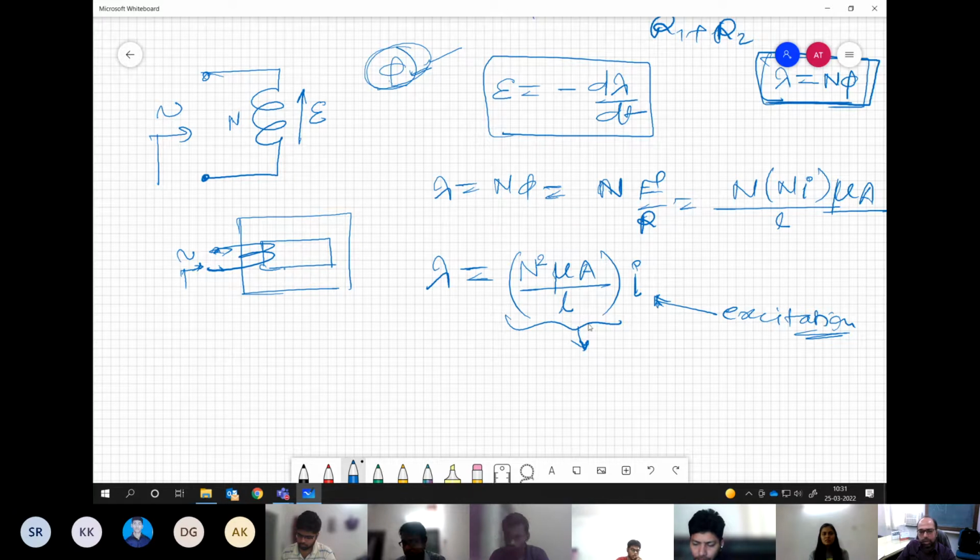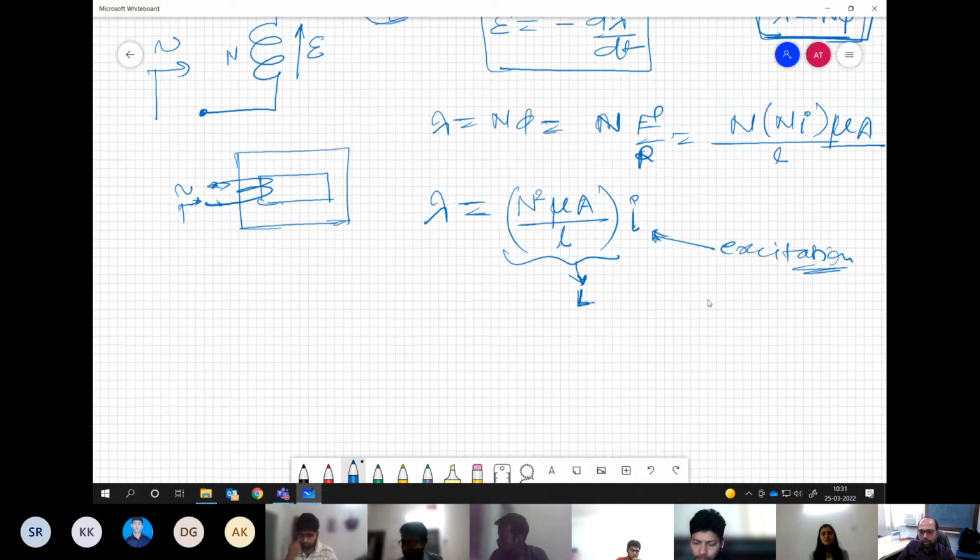This is all only related to how you have organized your magnetic circuit, nothing to do with what you are feeding into the system. This is what is basically defined as the inductance. Because we have just one coil, it can be called self-inductance.